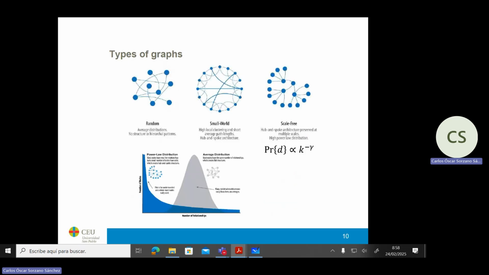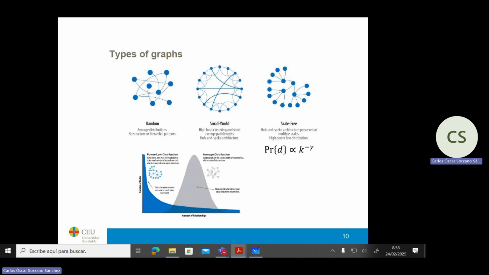Okay, next. So there are many different types of graphs. So for instance, I'm here showing only two of these three kinds of graphs. So let's say that we have nodes and we have random connections between all the nodes.